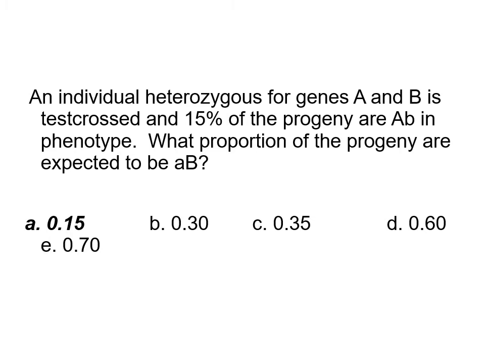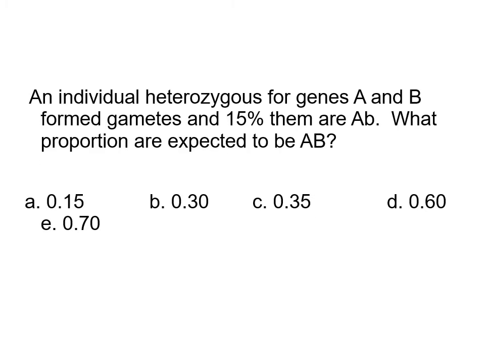Okay, so this was a little more, not difficult exactly, but needs a little more thought. The individual is heterozygous for A and B, and 15% of them are big A, little b. Same scenario as before. What proportion are expected to be big A, big B? Well, here we've got to do a little more arithmetic.